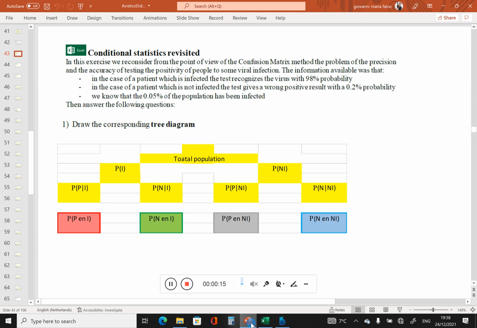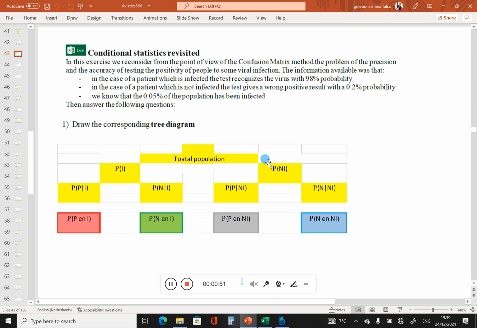So the title of the exercise is Conditional Statistics Revisited, and basically we want to look back at one exercise that we did during the workshop in the theory course of statistics when we were discussing the conditional probability in the theory of probability, and then we will look at this exercise from a new point of view, namely the point of view of the method of the confusion matrix.